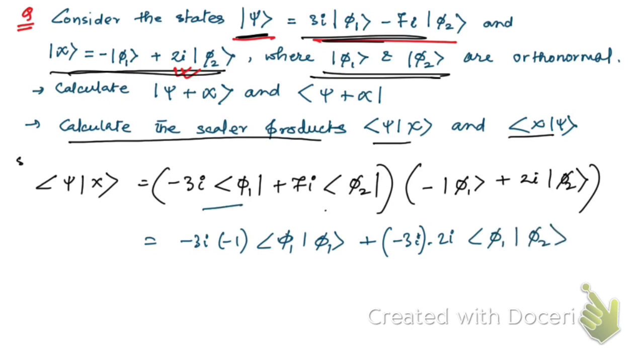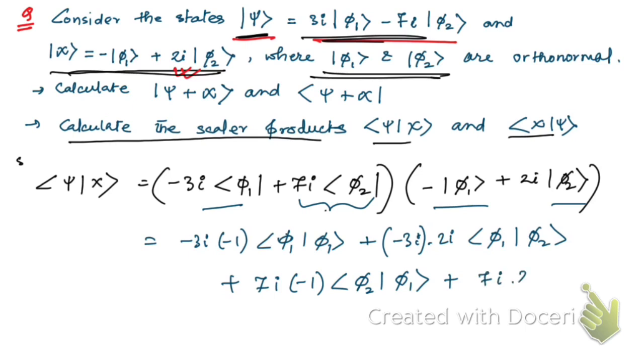We have done this one with this one and this one, and now let's multiply this one with this one and this one, right? Then plus 7i into minus 1 bra phi 2 ket phi 1, then plus 7i into 2i, then bra phi 2 ket phi 2. That's what we have got.